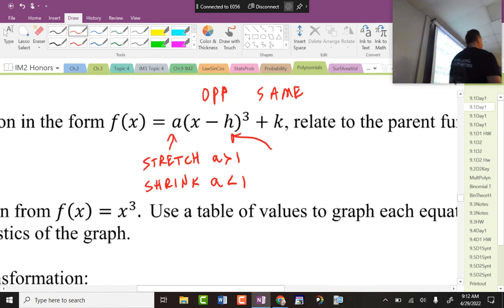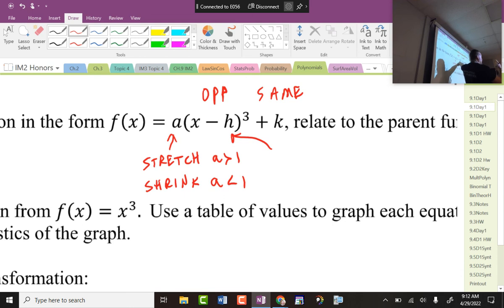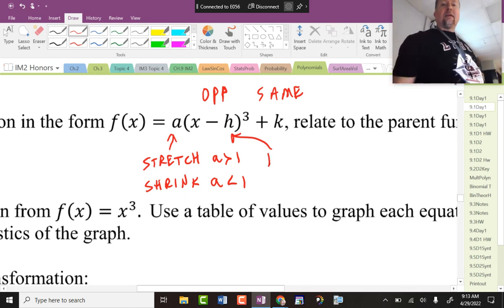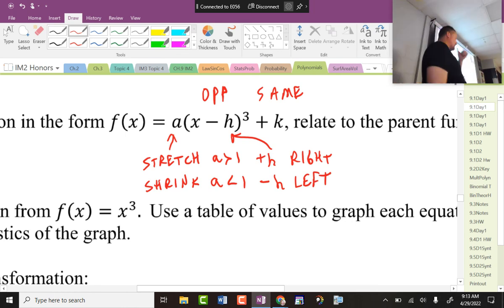So when it says x minus 3, 3 is the h value. So x minus 3 means right 3. When this says x plus 3, that means h technically is a negative. Not technically, it is, because of the way this works.